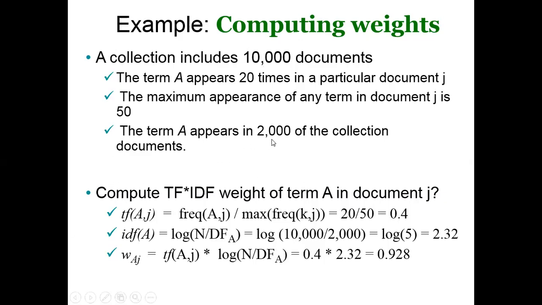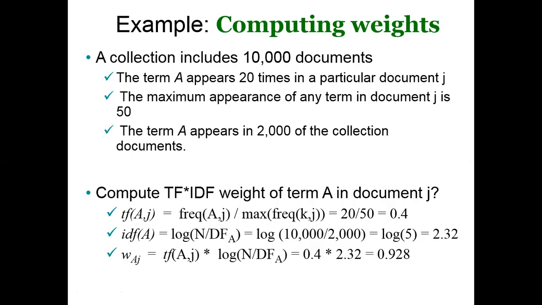And the term A is appearing in 2,000 documents. That means logarithm of 10,000 over 2,000. That means logarithm of 5. Logarithm of 5 is 2.32 from our logarithm table.